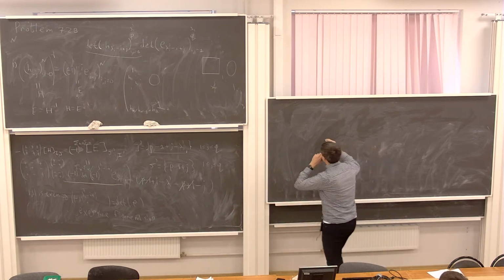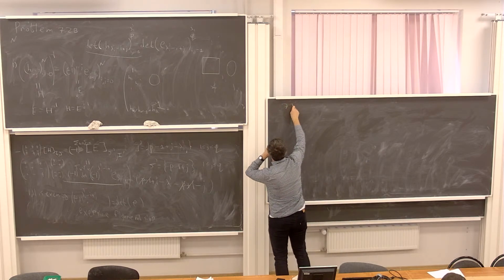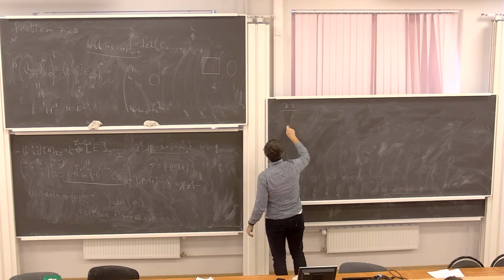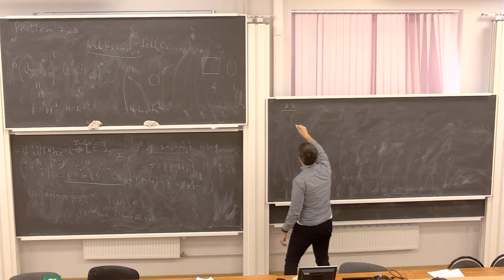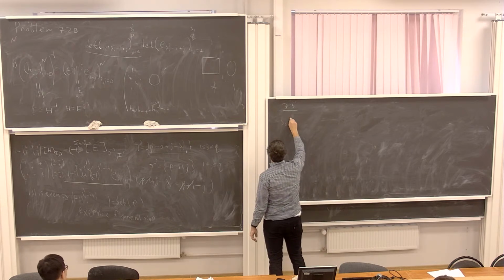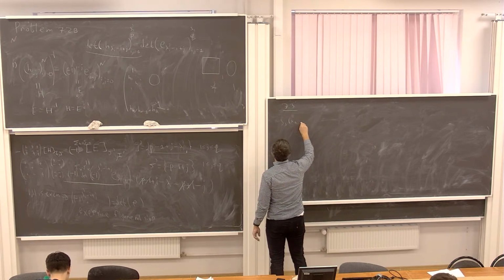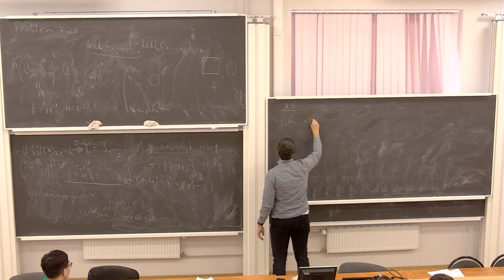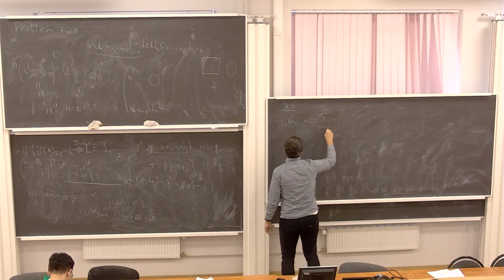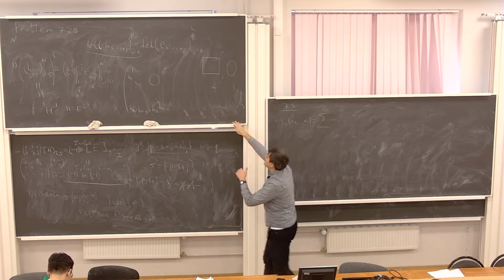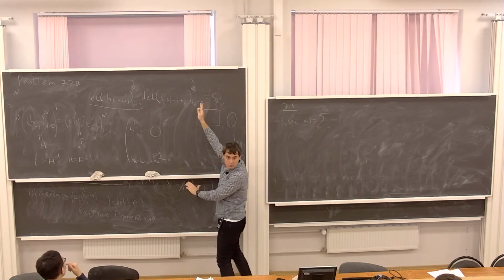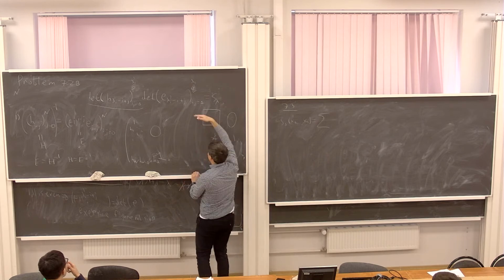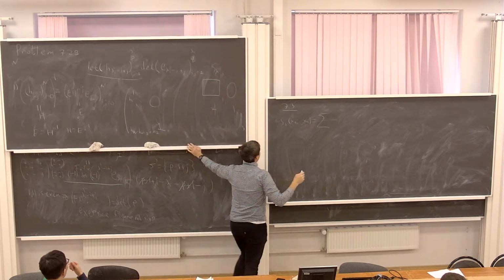But okay, so 7.3. I said it at the end of the previous seminar, but there is another combinatorial definition of the Schur polynomial. And you already know that all these are equal to S lambda. And this is the key point of this problem. And now you know from the lecture.